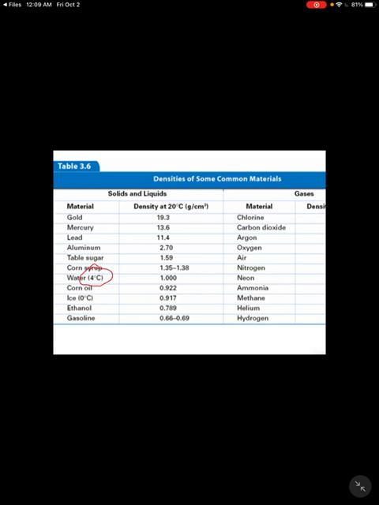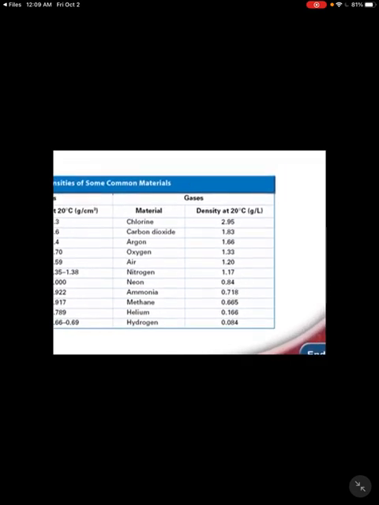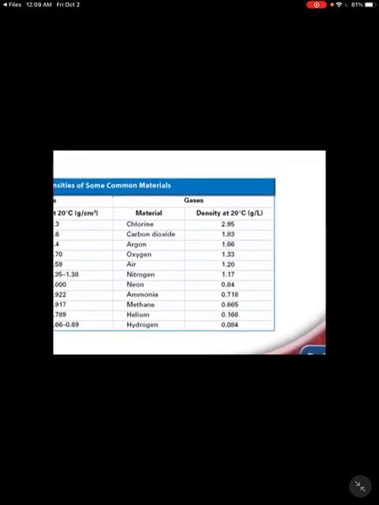And when you look at the gases, you'll see that our units change. We can do conversions and we can put it in grams per milliliter. But the gases are typically reported in grams per liter because it gives us units that are easier to work with and I think easier to comprehend.